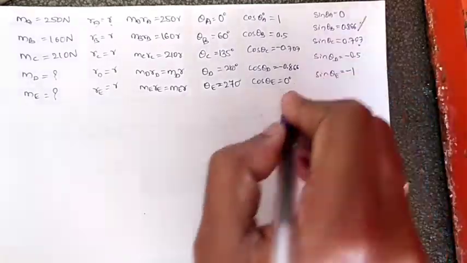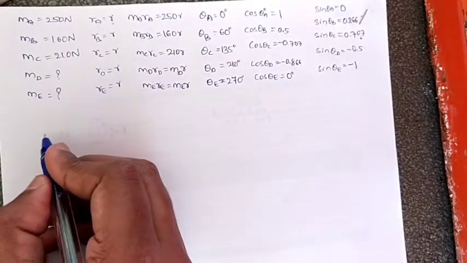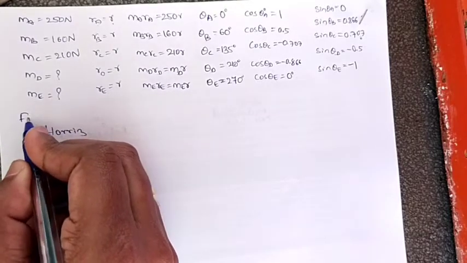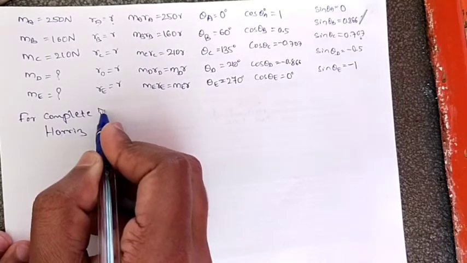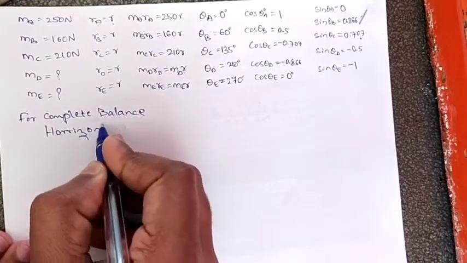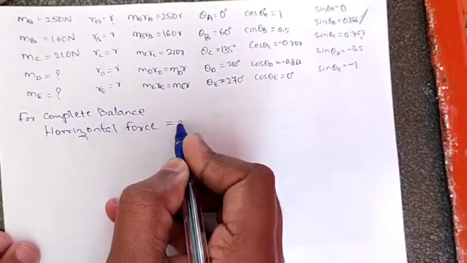Now, when it is completely balanced, for complete balance, the horizontal force is equal to 0.